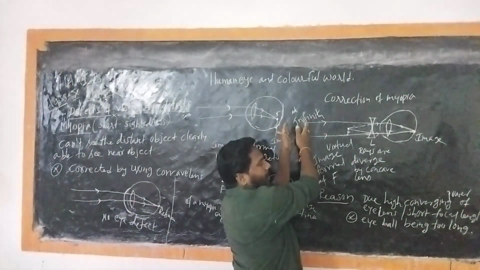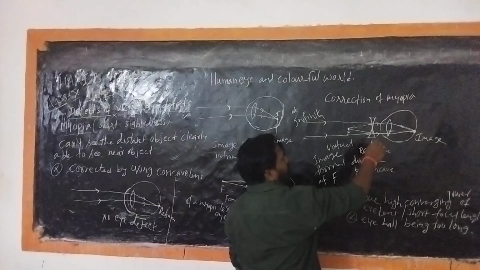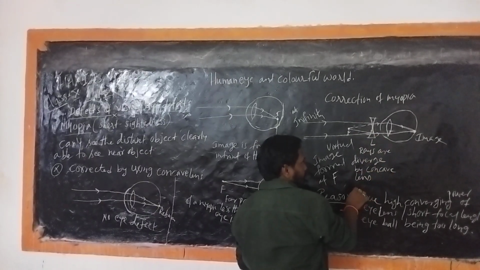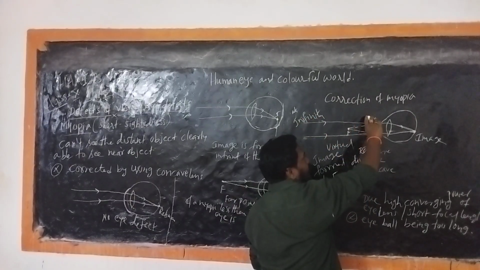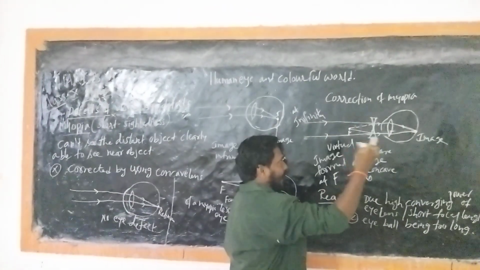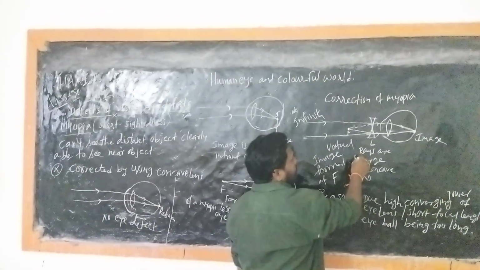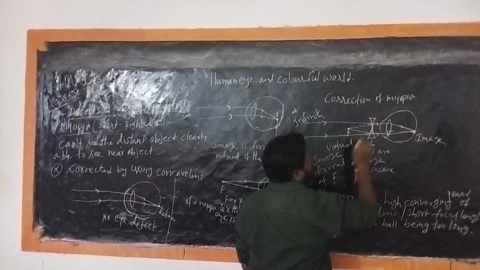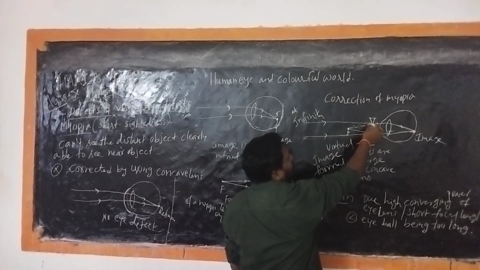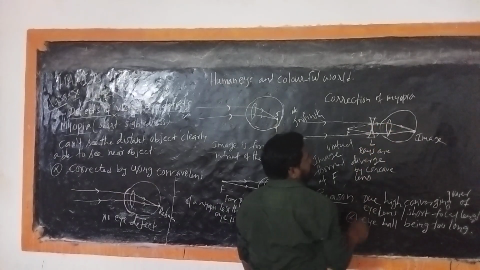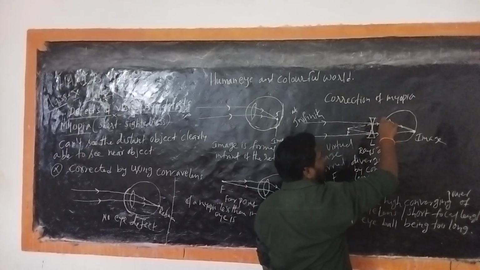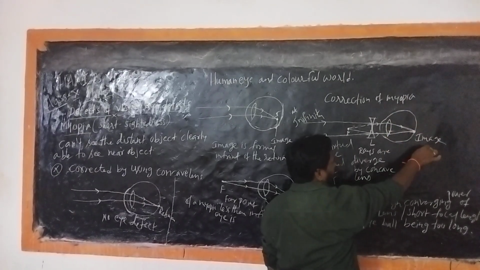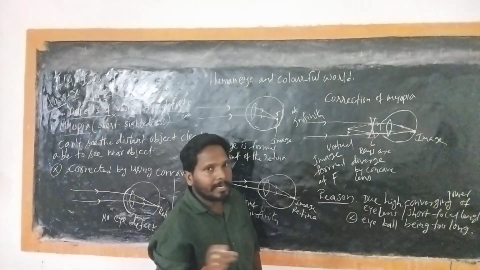To see the far or distant objects with a concave lens, the parallel rays incident on the concave lens are diverged. These divergent rays are again incident on the eye lens, and due to the refraction of light the image of the object is formed on the retina.